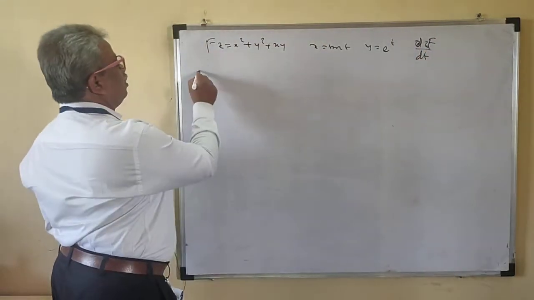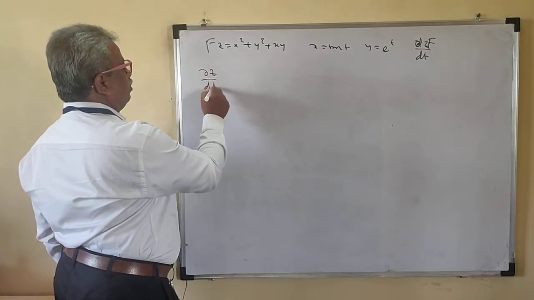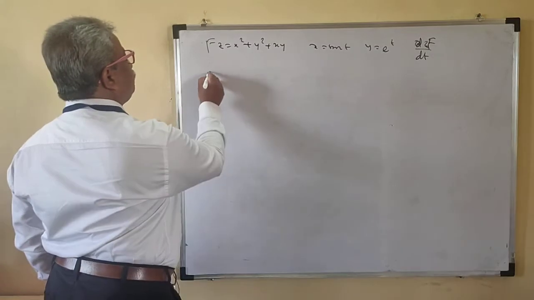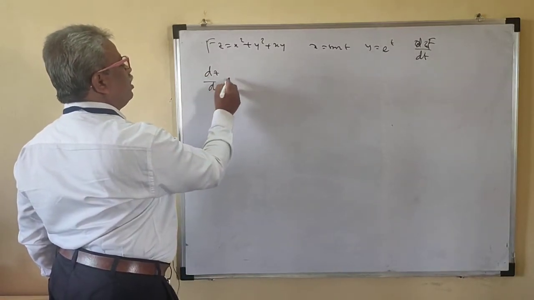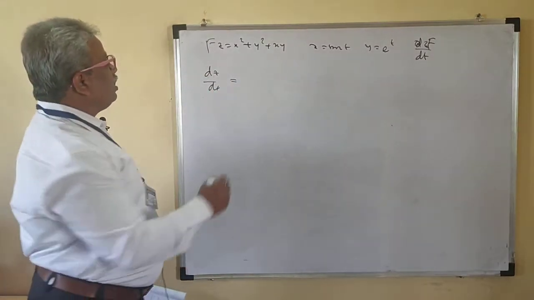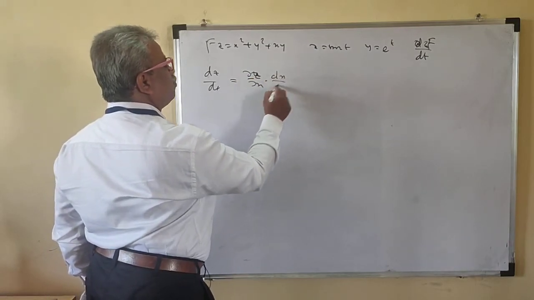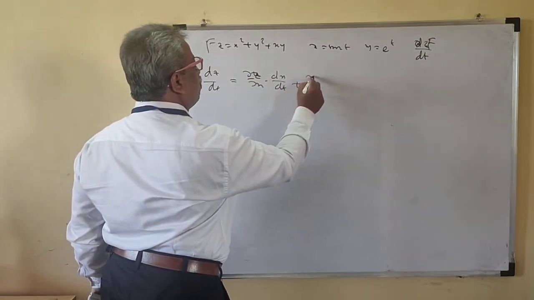So what is dz by dt? Very simple. It is dou z by dou x into dx by dt plus dou z by dou y into dy by dt. This is a very important formula.